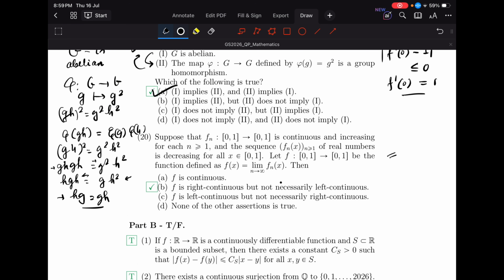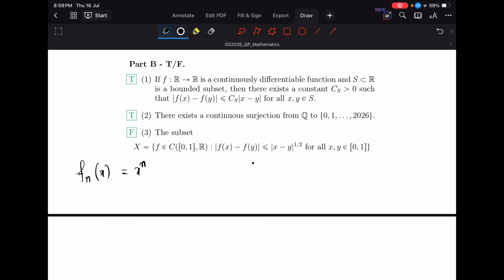This is a valid function because this is a map from [0, 1] to [0, 1], and this is an increasing function, because y to the power n is greater than x to the power n when y is greater than x. Okay, so that's why.